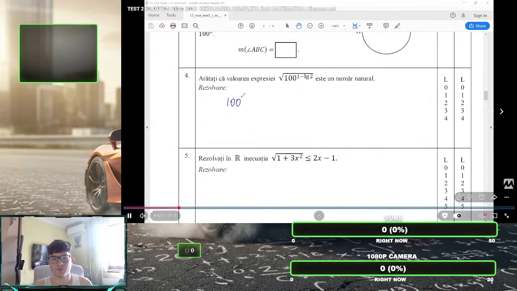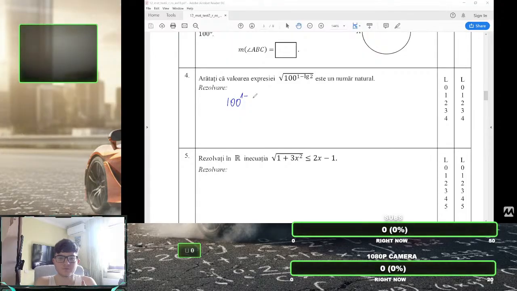I'm going to skip right on. Go to the fourth exercise on this list right here. You have under the square root 100 minus lg2. lg is the log, actually, with a base of ten.